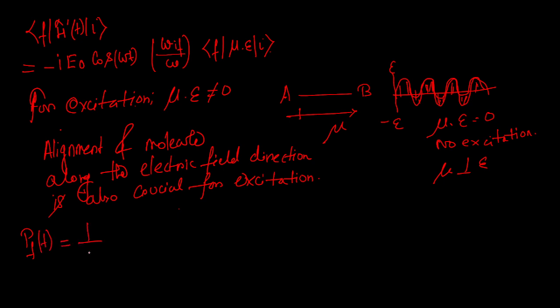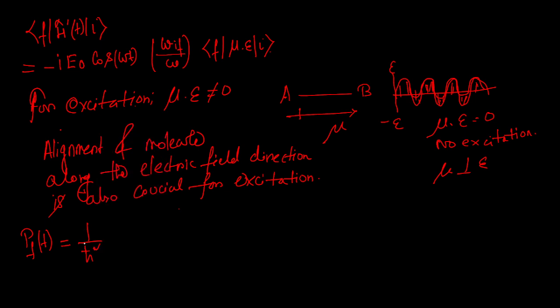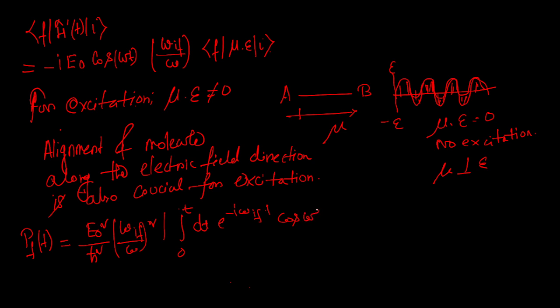If we write the whole equation, the probability becomes E0 squared, mu_fi, omega squared, integral from 0 to t dt, e^(i omega_fi t) cos omega t, whole squared.